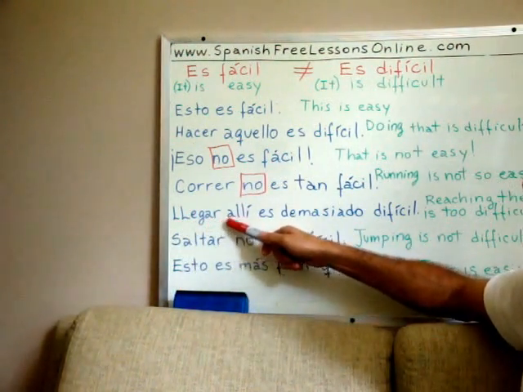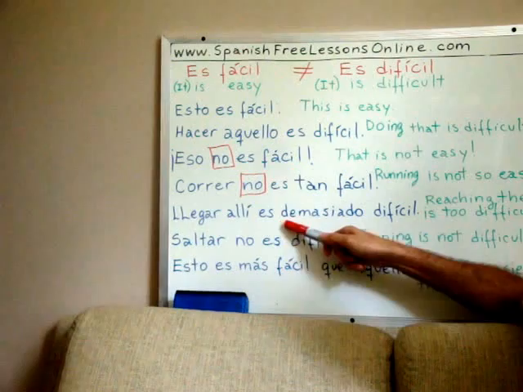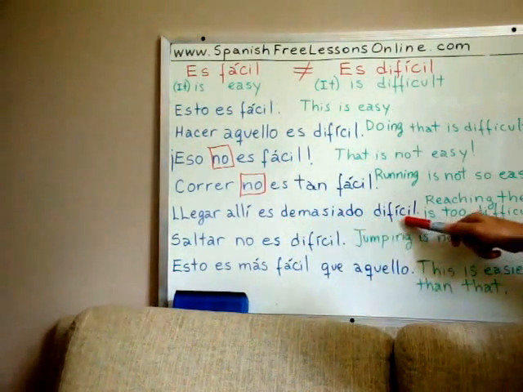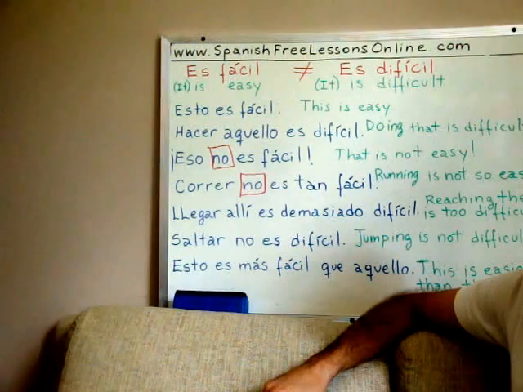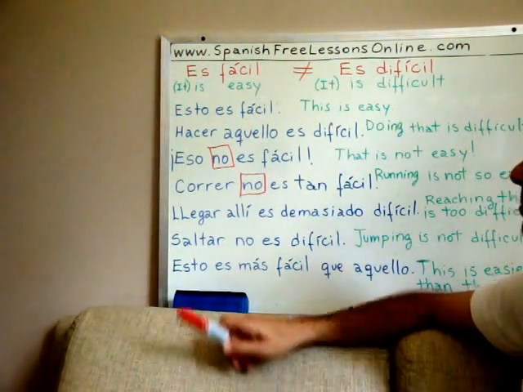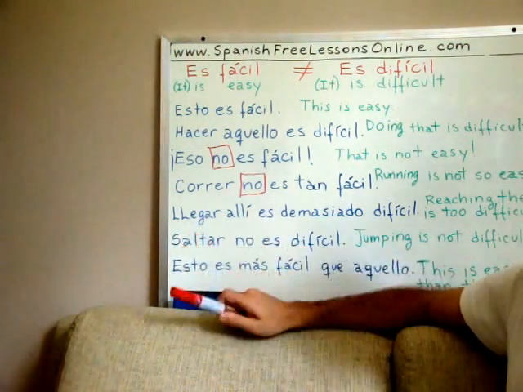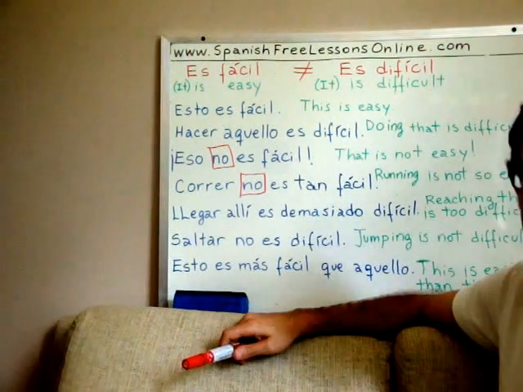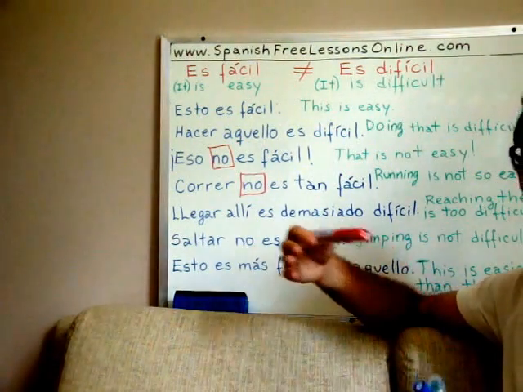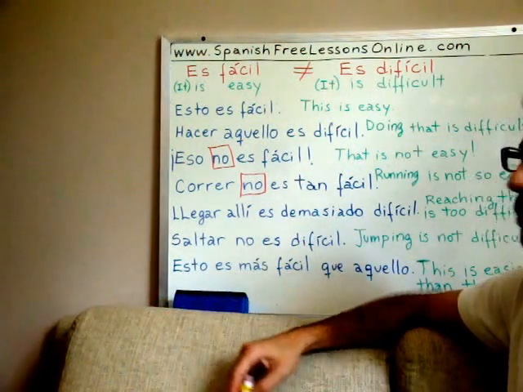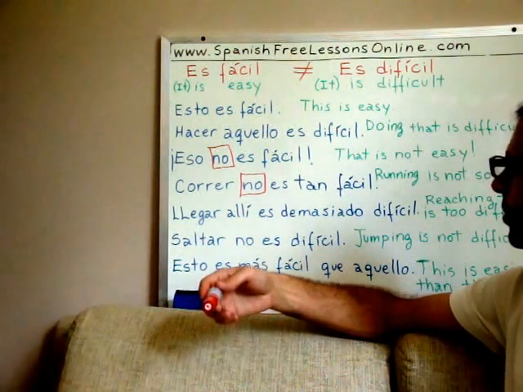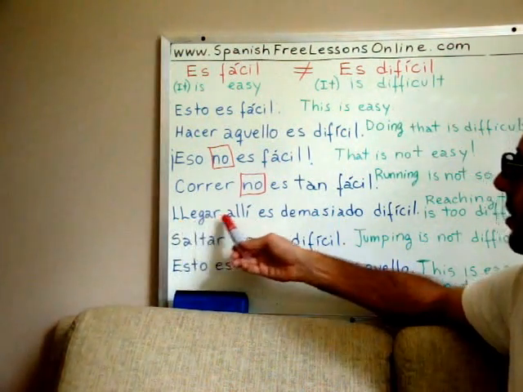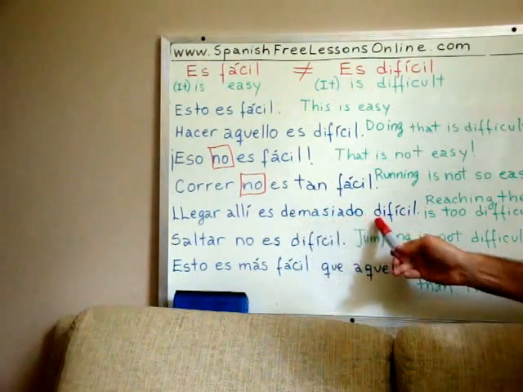Llegar allí es demasiado difícil. Llegar, again, a verb in infinitive, because we are stating a general rule, okay? We are saying reaching there is too difficult.